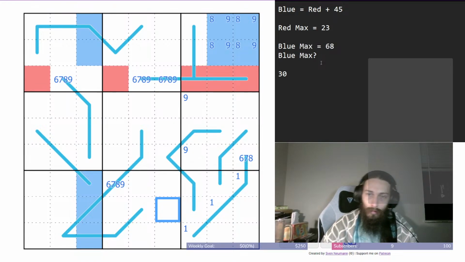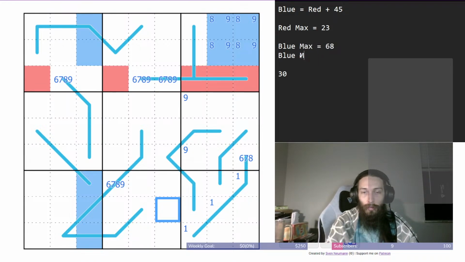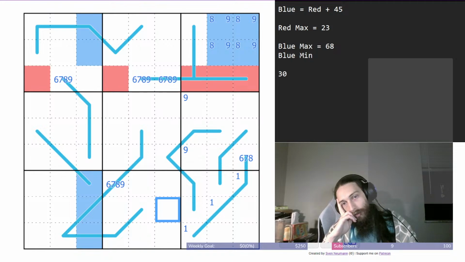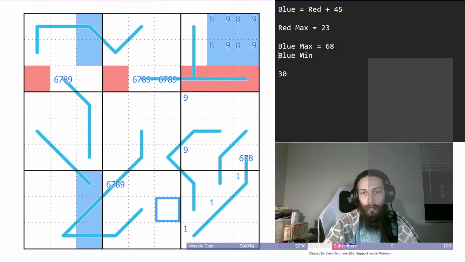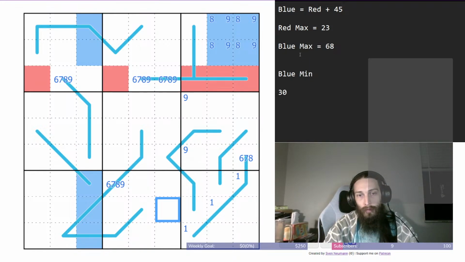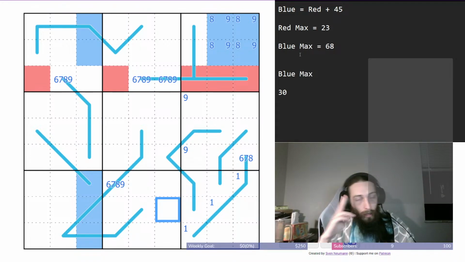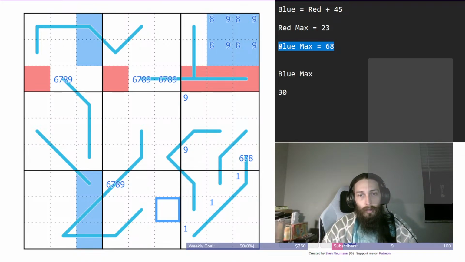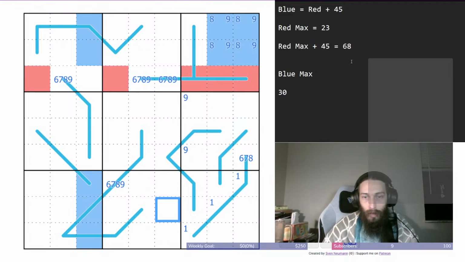That's true. So what is blue's min? I guess I want to consider blue's max. Or maybe I should say red max plus 45 is 68.